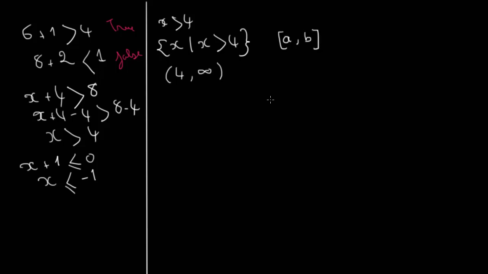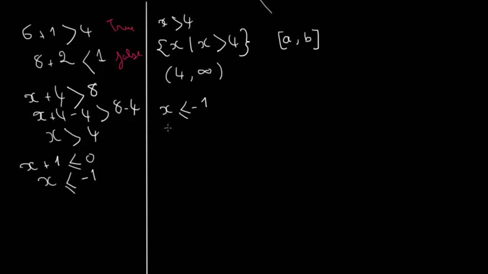Brackets indicate that it's closed, and it means that a and b are included in the solution set. But here, x is greater than 4, which means 4 is not included in the solution set.